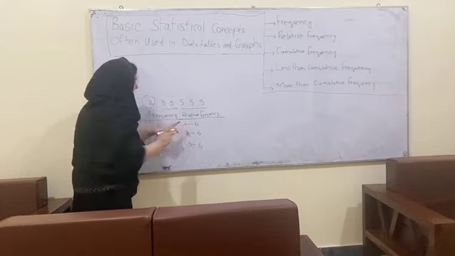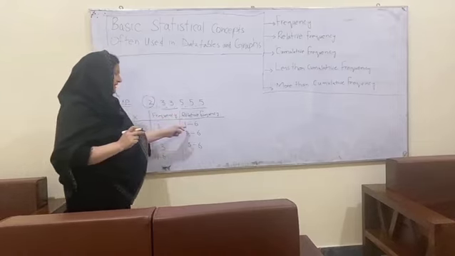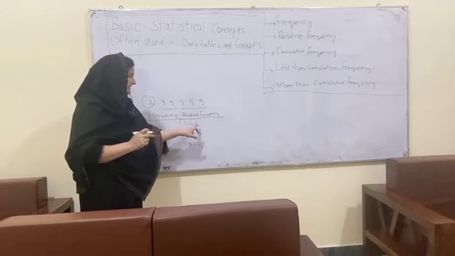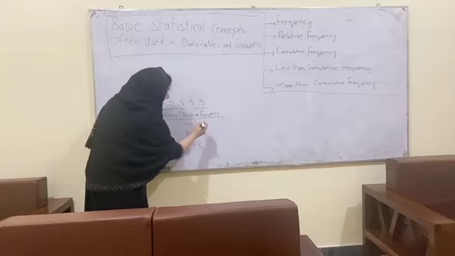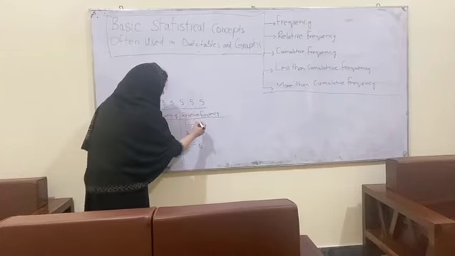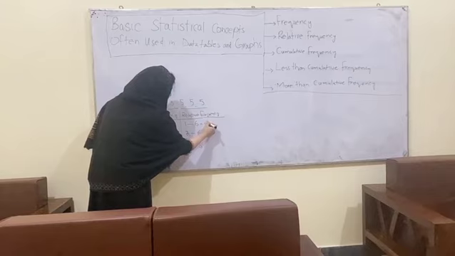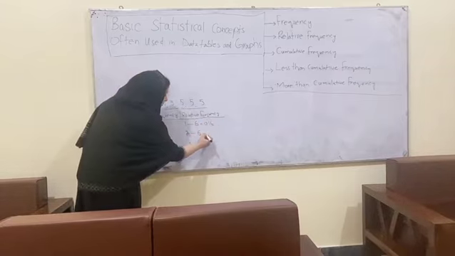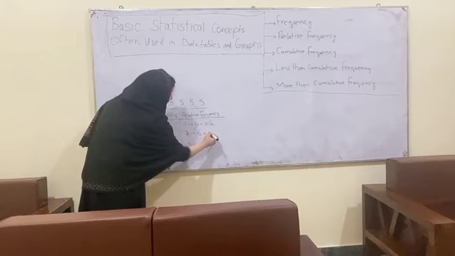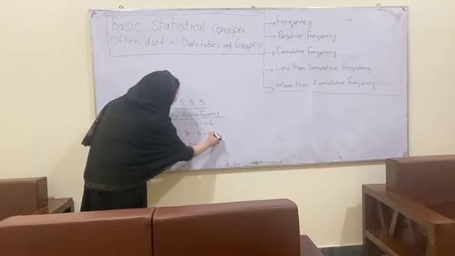So here we use a formula, that is frequency divided by total observation. But the result is always in decimal because it is a proportion, and a proportion is presented in decimals.